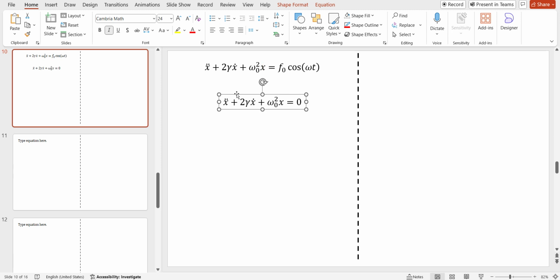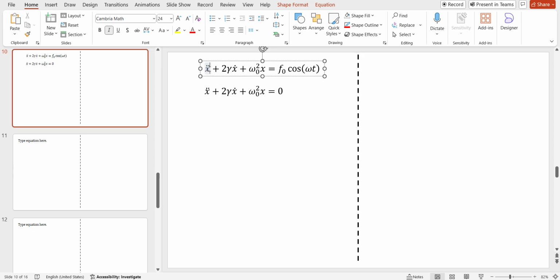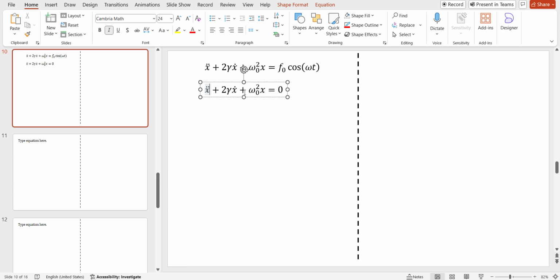So let me make a statement, okay? I'm going to call this x, no drive. I'm going to call this x, no drive, x dot no drive, and this is going to be x double dot no drive. The dots are going to be all over the place, you have to excuse that.